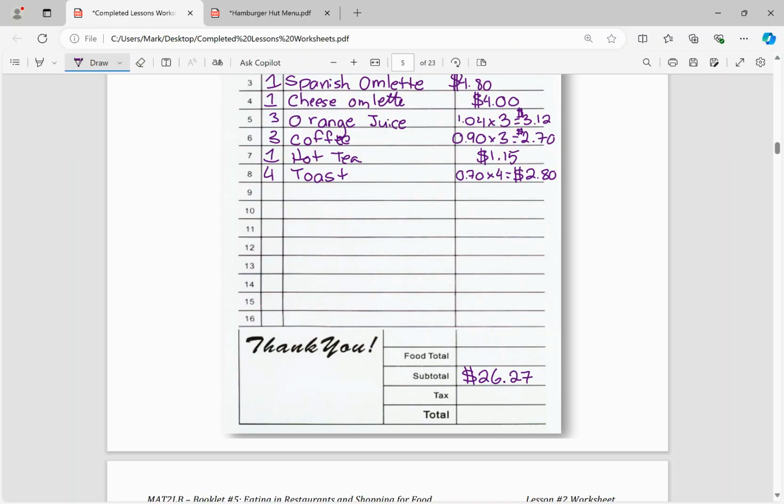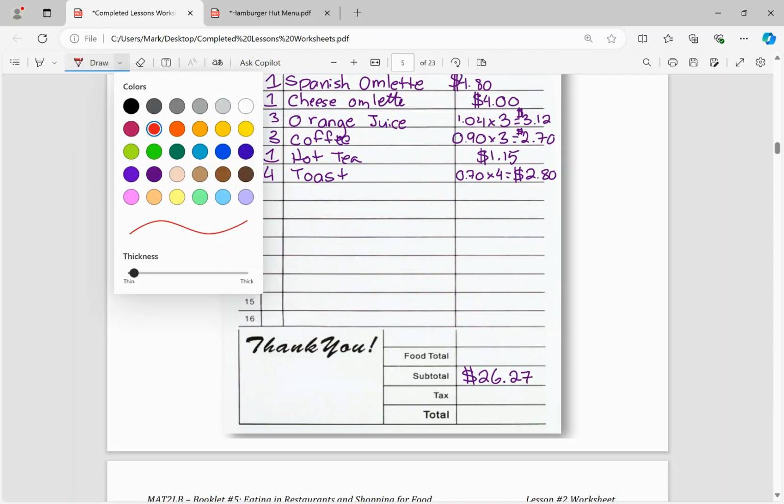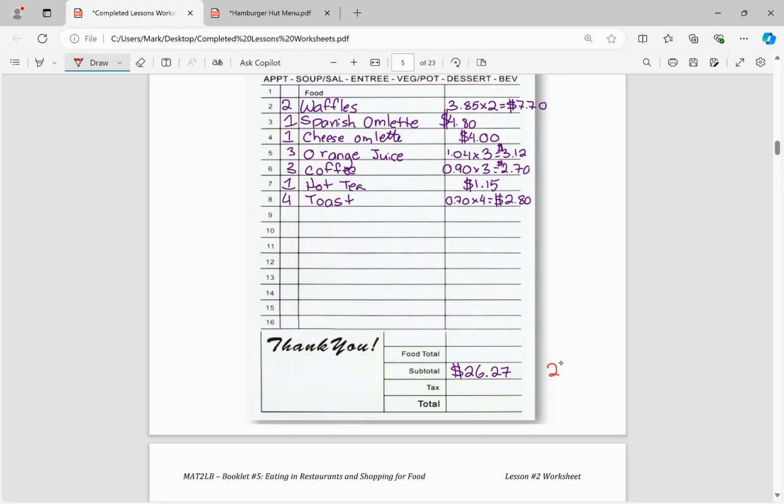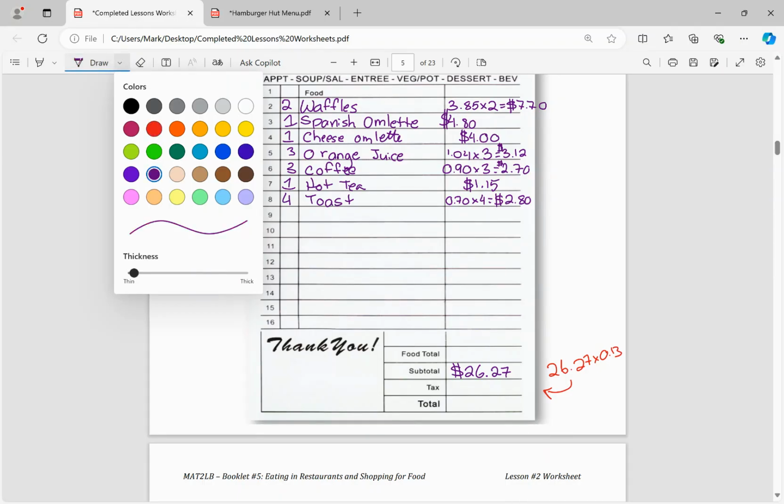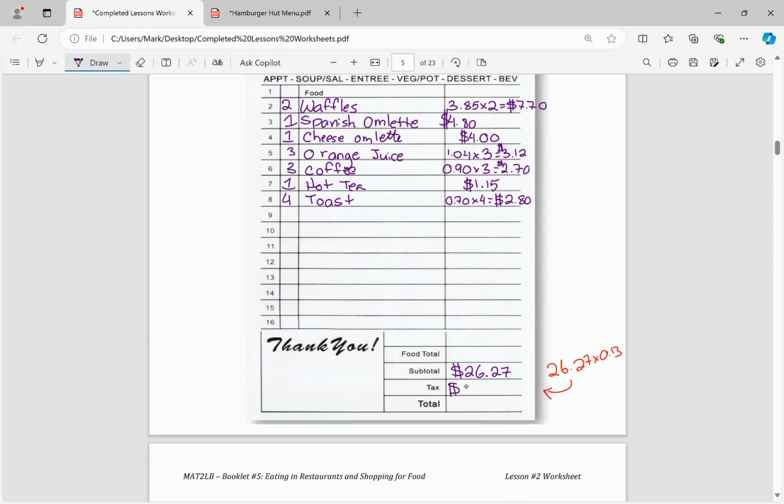$26.27. Now, on top of that, we need to pay for tax or account for tax for our customers. So I'm going to take $26.27 and I'm going to multiply it by 0.13. After rounding, our tax is going to be $3.42.